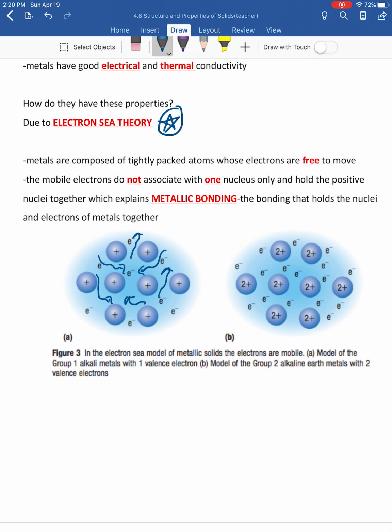So that's what the electron sea theory means: these electrons are moving around just like waves in the sea. They can't go off into the abyss because there still are nuclei holding them to a certain area, but they don't have to stick around their own nucleus.